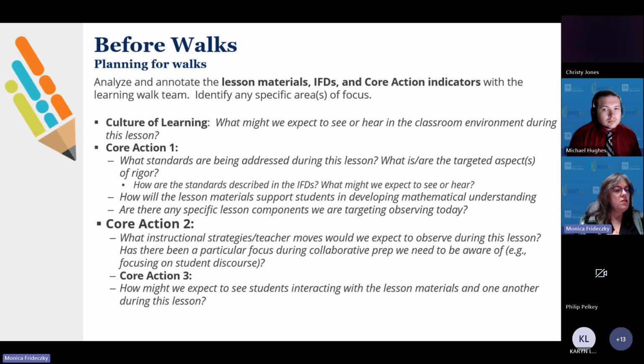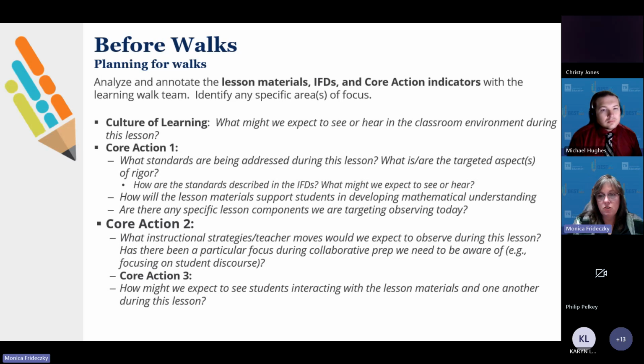So these are some questions, again, that you may want to keep in mind or have in your pocket so that the feedback and debrief after you've done some walks can spark some quality discussion. So what might we expect to see before we go into the classroom?